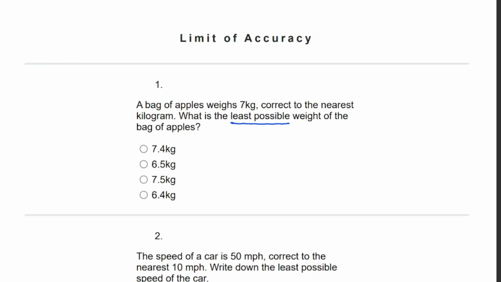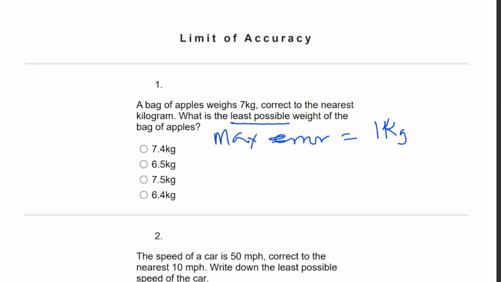To do that, the first thing you need to find is the maximum error. Since this is correct to the nearest kilogram, don't forget that if a measurement is given to the nearest particular unit, the maximum possible error for that measurement is half of that unit.